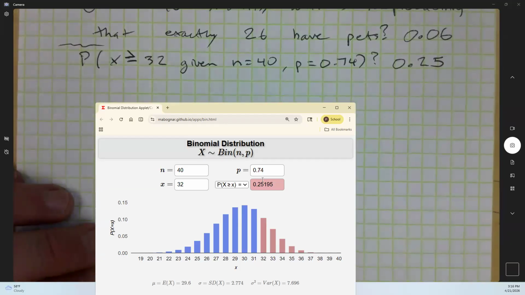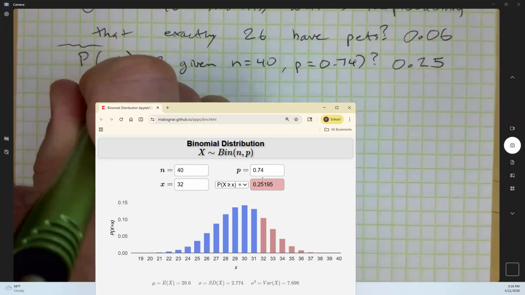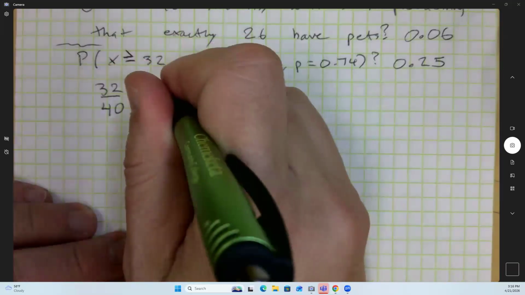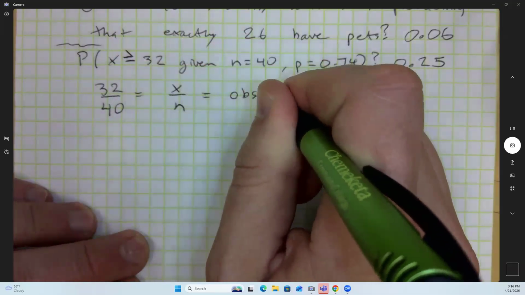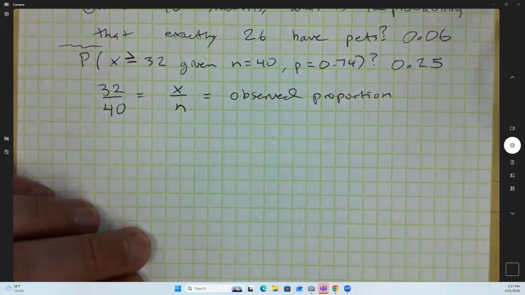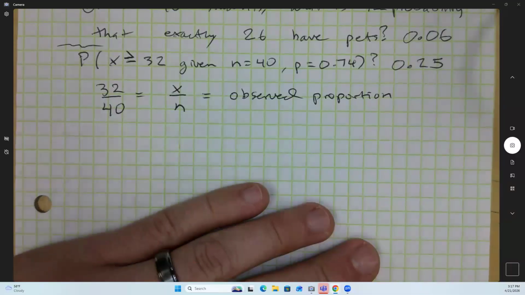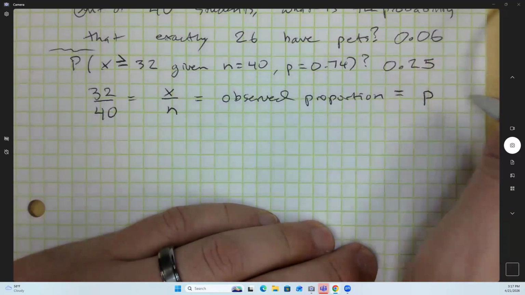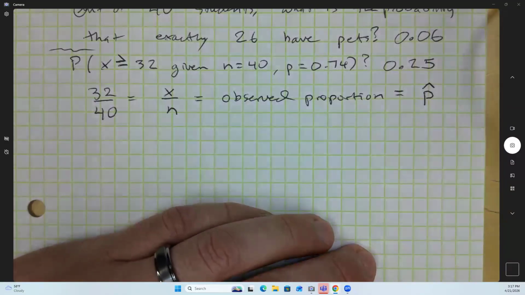Now, this probability, 32 out of 40, which is our X over N, we call this the observed proportion. And statisticians in their wisdom decided to give this yet another symbol. Instead of calling it P, because that's the theoretical probability of a single success, they put a little caret over it.